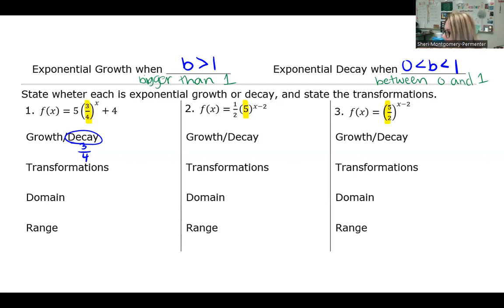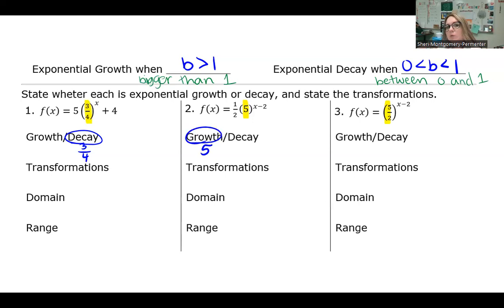Right now you're taking a look at 2 and 3 to see if you can figure out, are those growth or decay? So 5, is that growth or decay? Growth. 5 tells me it's growth.